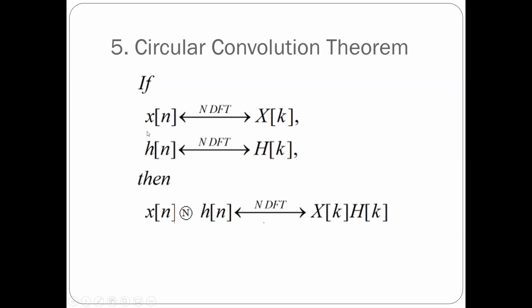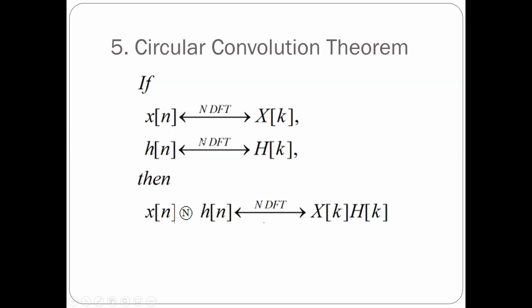So if x of n has got a length equal to L, and if h of n, that's a filter, has got a length equal to P, typically L, the length of the signal, will be much greater than the length of the filter. For example, you can think of L as equal to 1000 samples, that is the signal having 1000 samples, and the filter as having 100 samples.